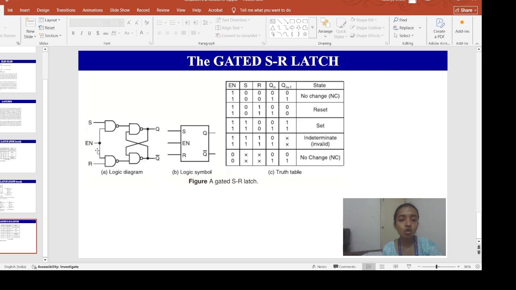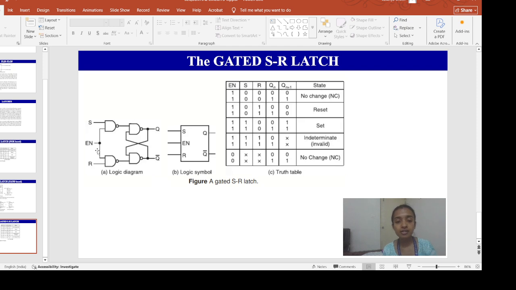The enable input may be a clock signal. A gated SR latch is also called a clocked SR latch or synchronous SR latch. This type of flip-flop responds to changes in the inputs only as long as the clock is high. These are also called level triggered flip-flops. We have already discussed level triggering and edge triggering.